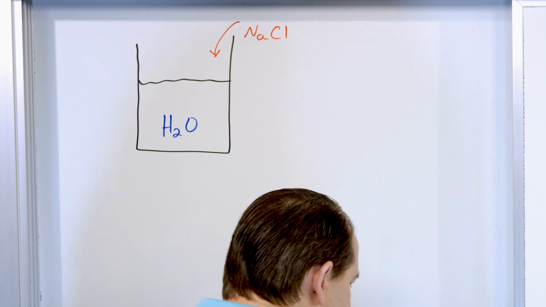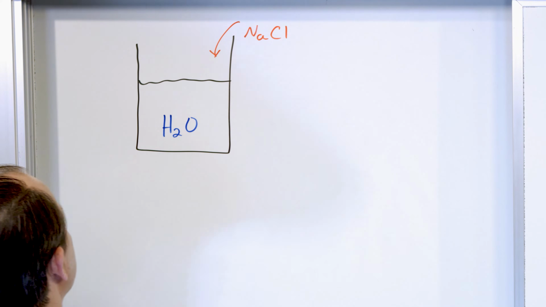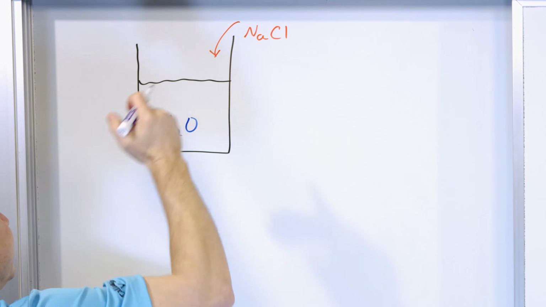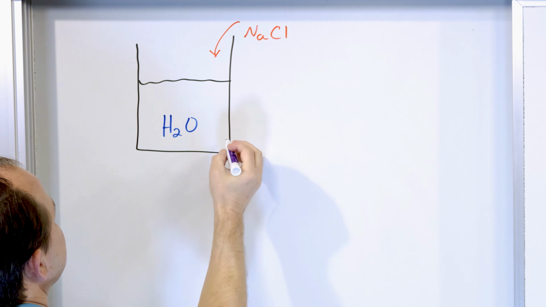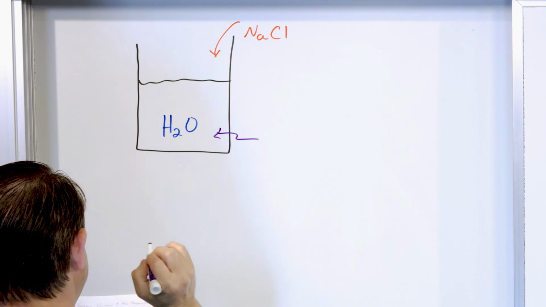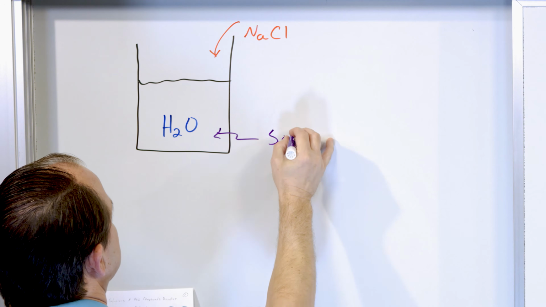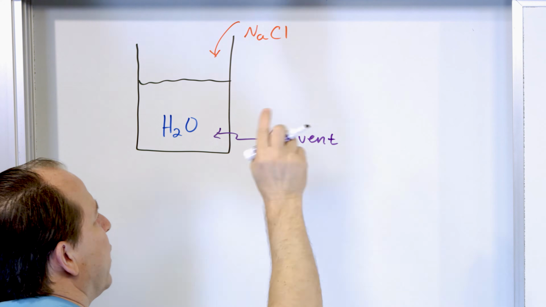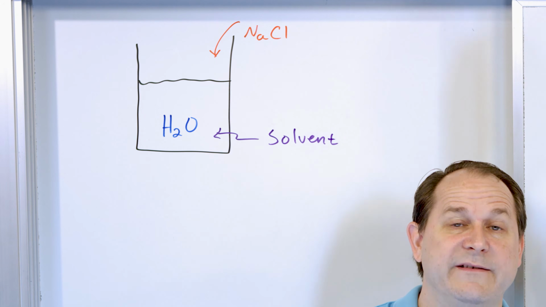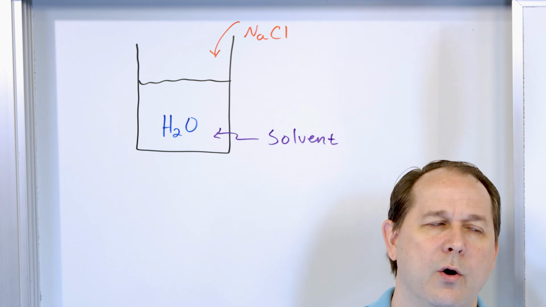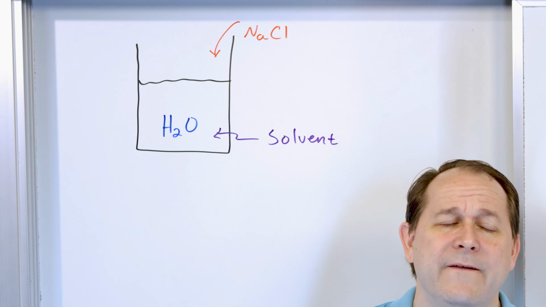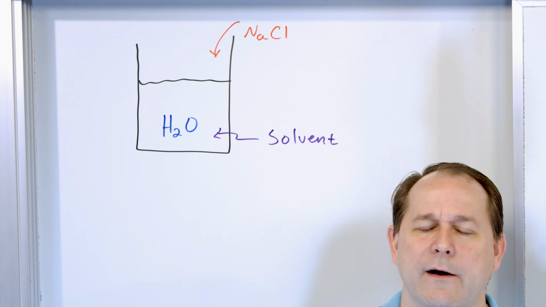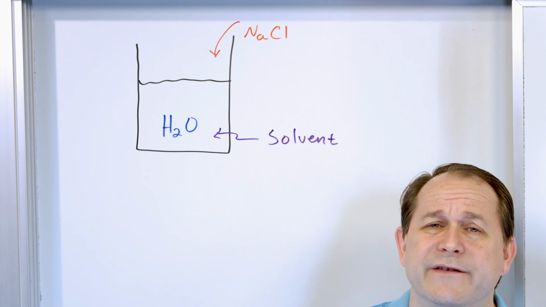Now, just to define some terms, whenever you have a liquid and you're trying to dissolve something in it, the liquid that you're dissolving into is called the solvent. You'll often see that in the hardware store, like you go get a strong solvent to take the paint off of your house. Water, even though it covers most of this planet, is a pretty good solvent.